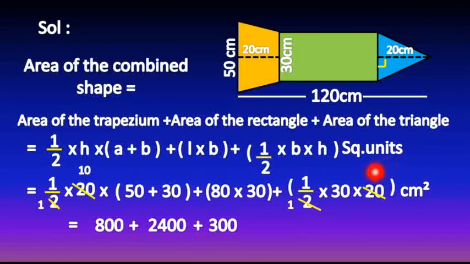Here you have to multiply these two. 30 into 10 is equal to 300, which gives a total of 3500 centimeters square. This is the area of this drawing. Thank you.